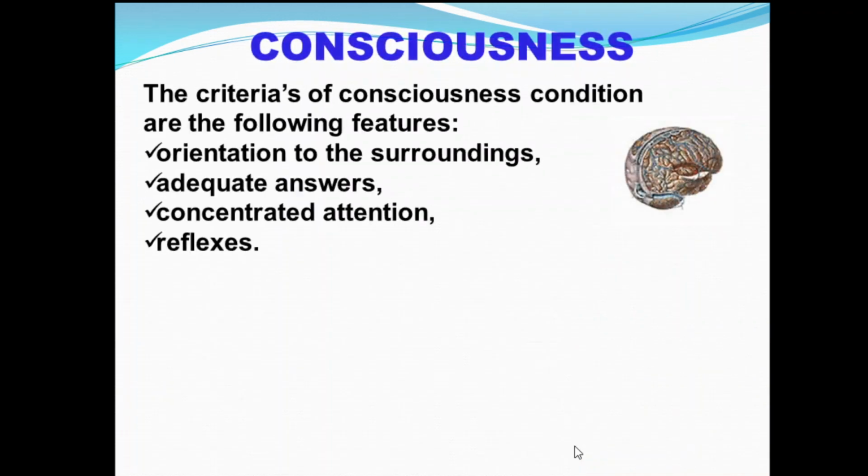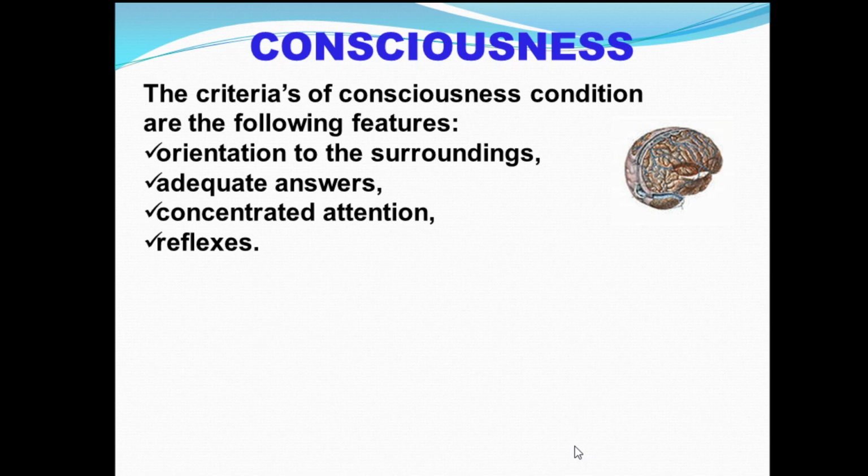Next step of our examination, assessment of consciousness. In other words, it is the state of the functional activity of the central nervous system and is obligatorily used for assessment of general condition.